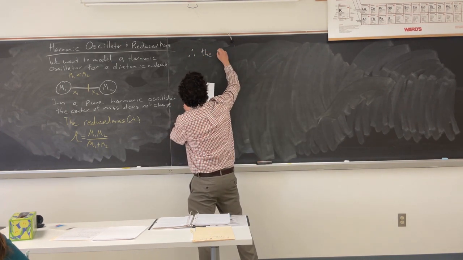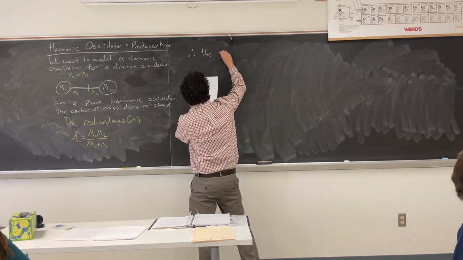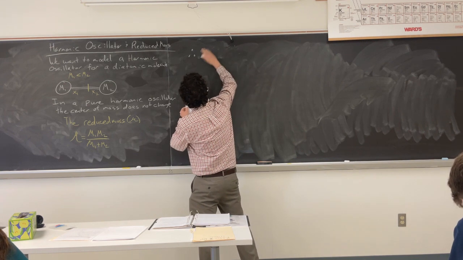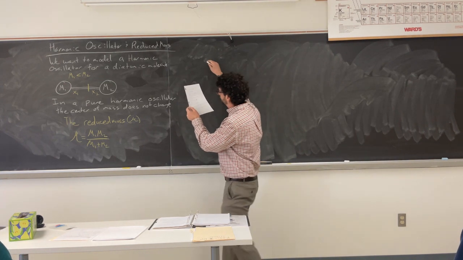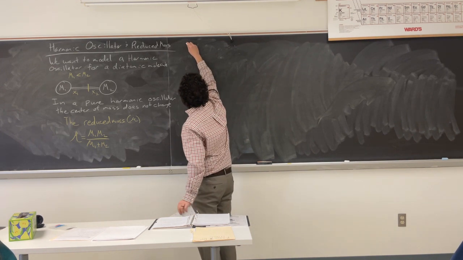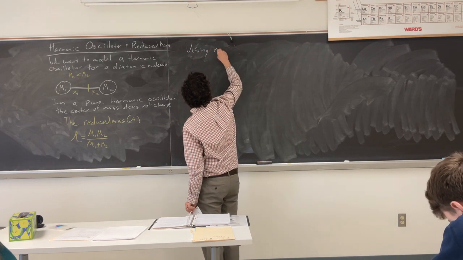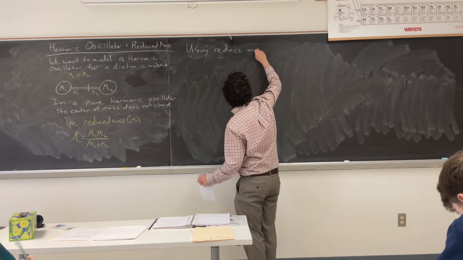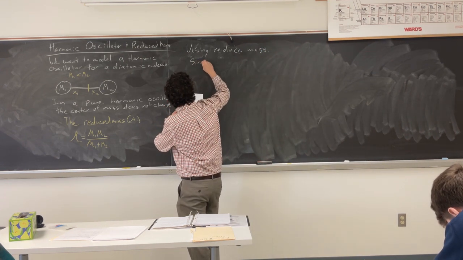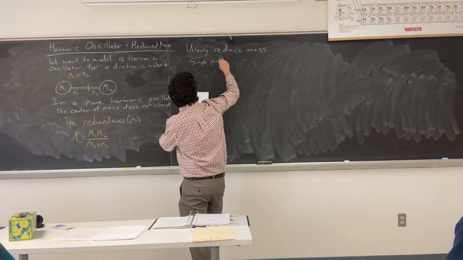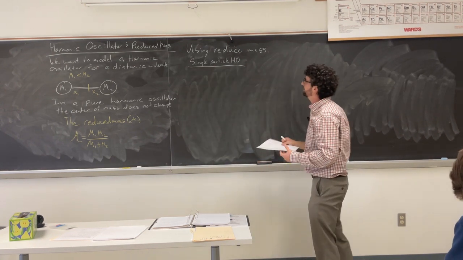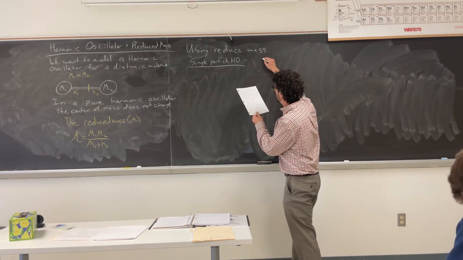Therefore, the potential energy, actually, no, let's just jump right to the Schrodinger equation using reduced mass. We'll have the single particle harmonic oscillator and then diatomic.